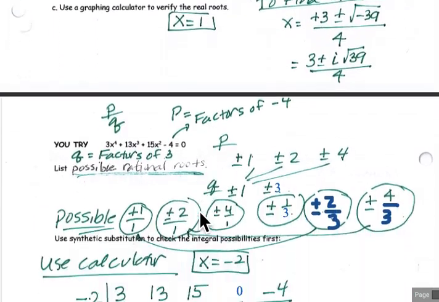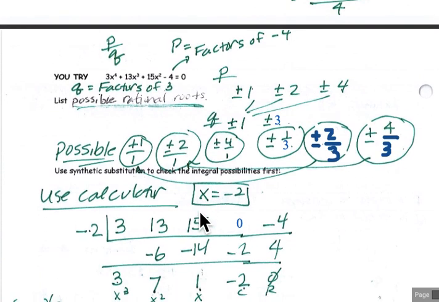So let's take a look at the next example. We had to first list the possible rational roots of this polynomial function, this fourth degree function. So we looked for the factors of p, the constant term, and the factors of -4 are positive and negative 1, 2, and 4. Then we have to list all the factors of q, the leading coefficient, 3. And the factors of 3 are positive and negative 1 and positive and negative 3.